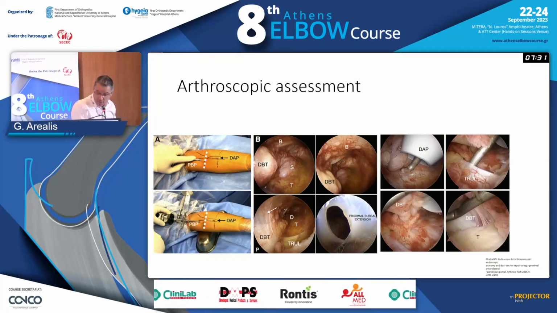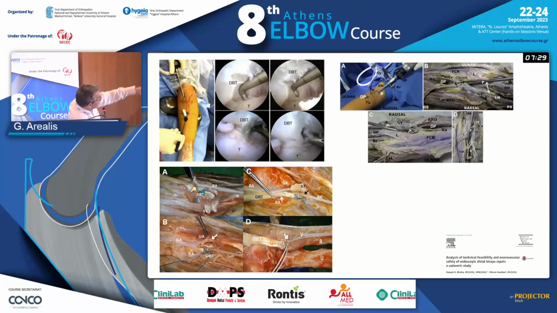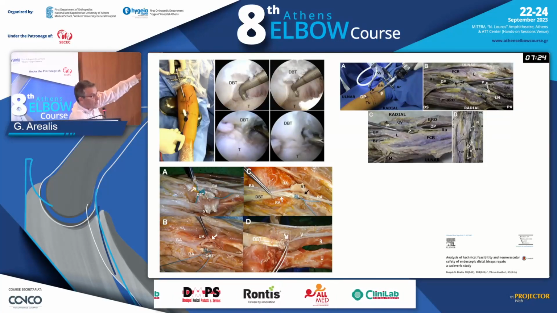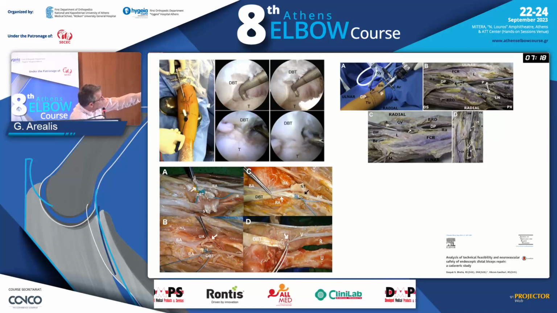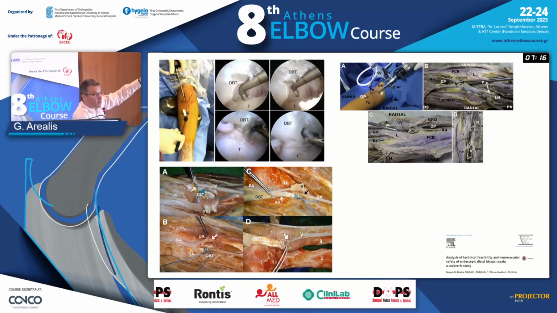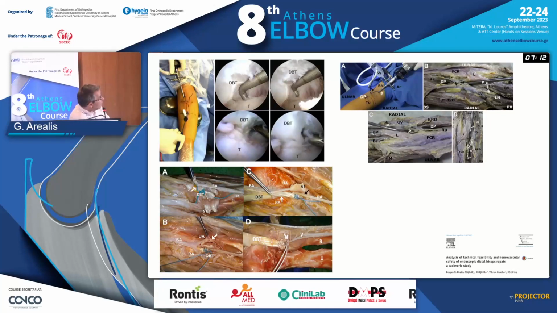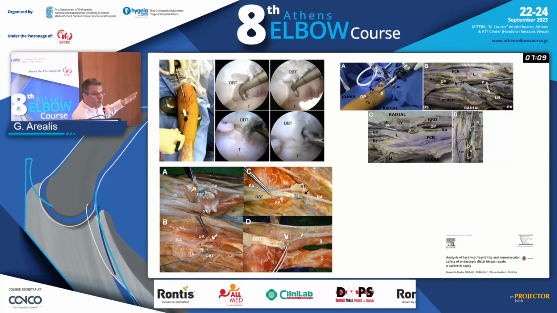But you need to be aware, if you decide to do anything like that, at the top you see a partial tear that is degenerative, so there's a little cave inside the biceps tendon, and at the bottom the tendon is torn anteriorly, which means that you have an acute short tendon tear if you see something like that. But the complication rate can be really high.